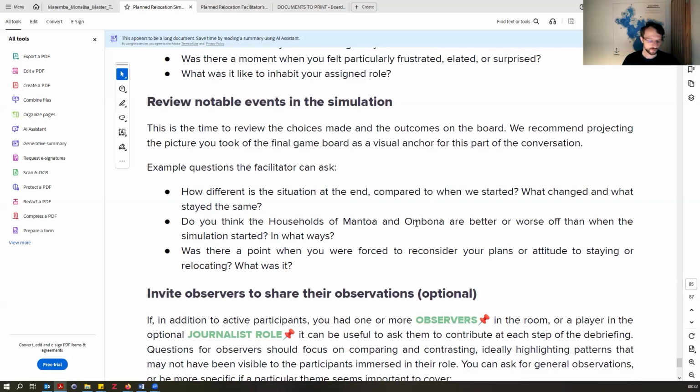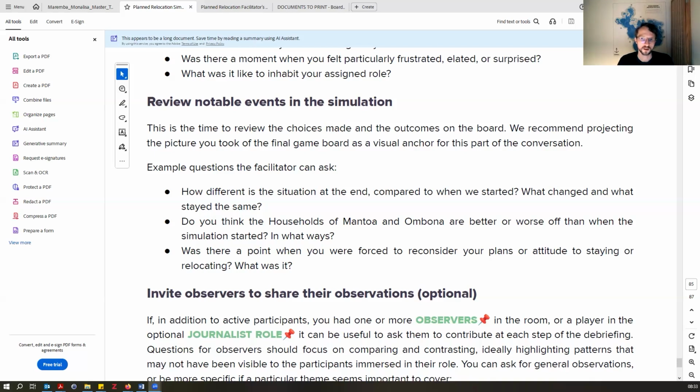So in terms of the lessons learned, one way of doing it is to progress from events in the simulation to the real world. You ask people about some of the most notable events.